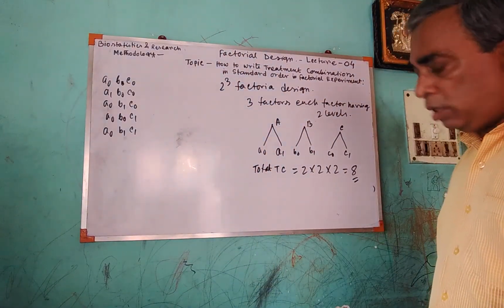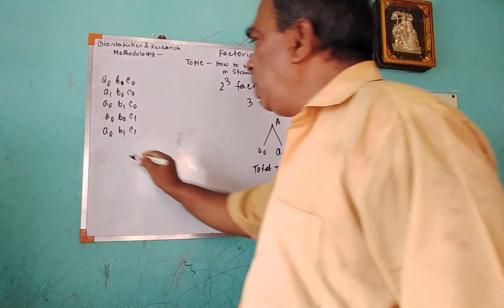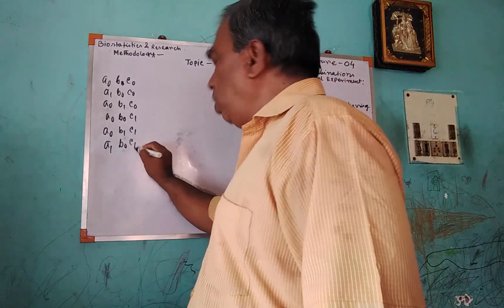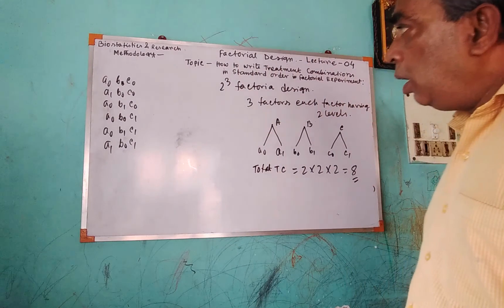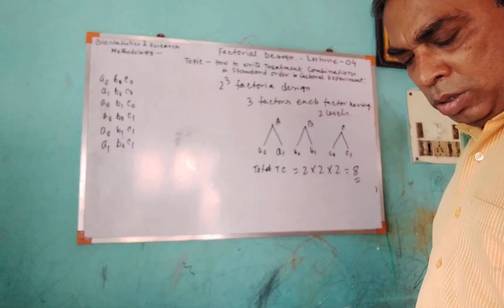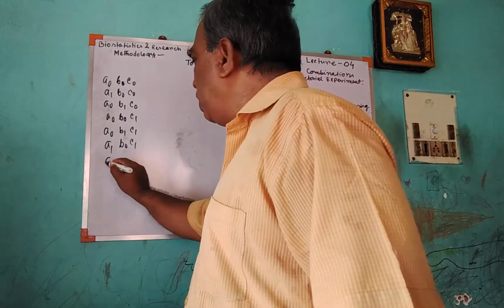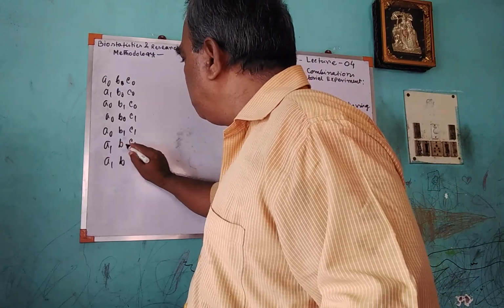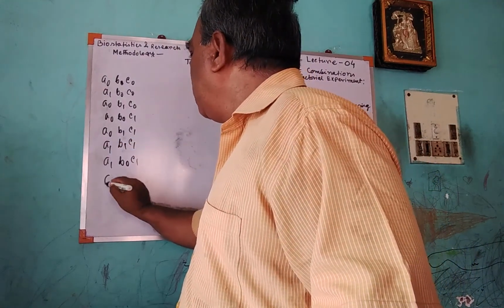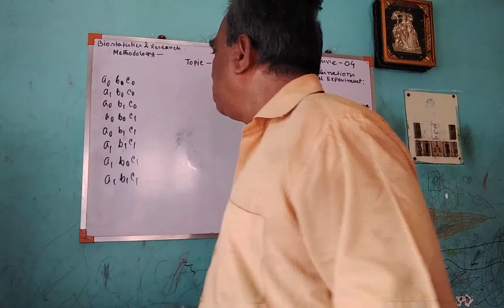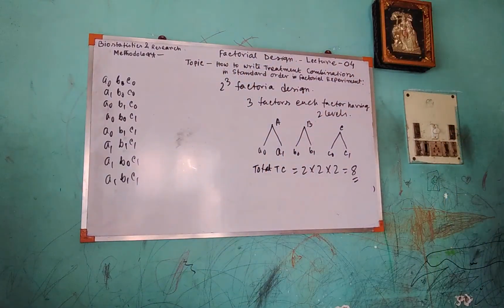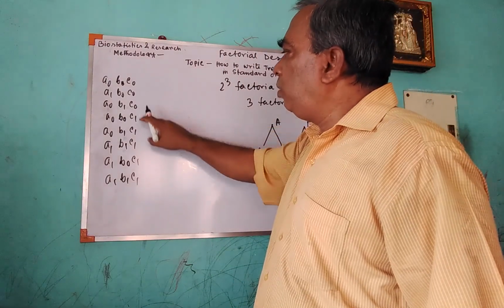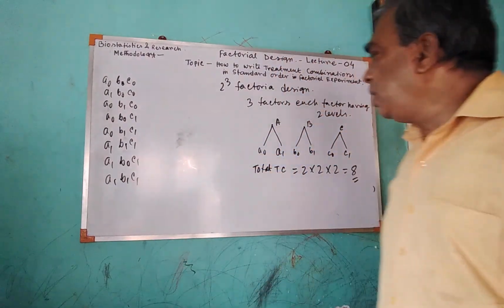Then A1, B0, C1, then A0, B1, C1, then A1, B1, C0, and then A1, B1, C1. These are the 8 treatment combinations. You see, 1, 2, 3, 4, 5, 6, 7, 8.